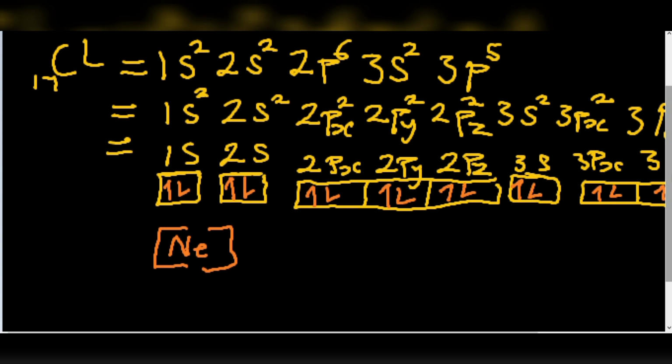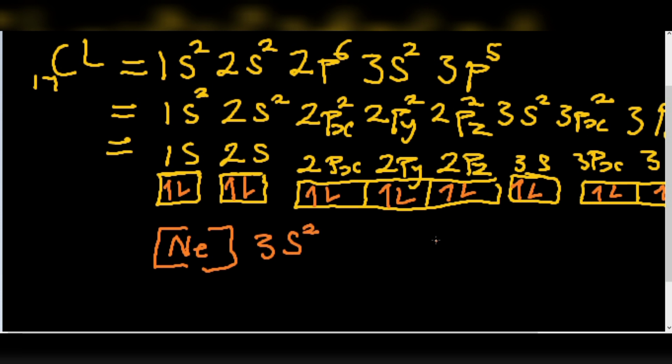Then we are left with the valence electrons, which are in the third shell. Okay, yes, that is the valence shell. We have the 3s up to the 3p. Okay, specifically the 3px, 3py, and the 3pz. So we start from the 3s, which is not part of the inner electrons. So 3s, and it took only 2 electrons, right?